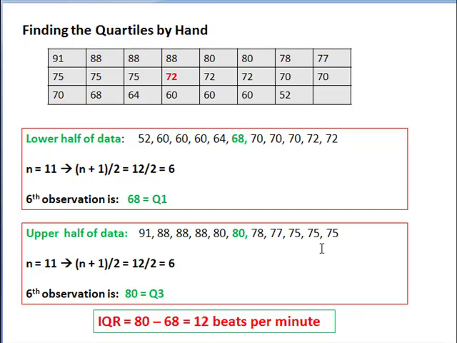We will essentially disregard it when calculating the quartiles. This is important. So each half has 11 data values. The lower half of the data extends from 52 to 72, and the upper half extends from 91 to 75.